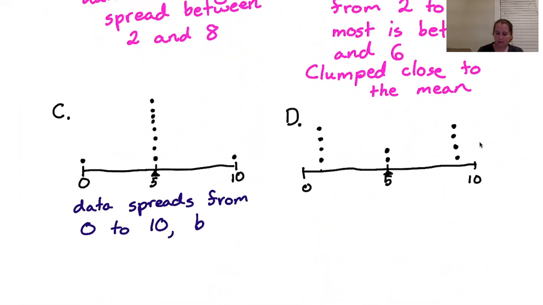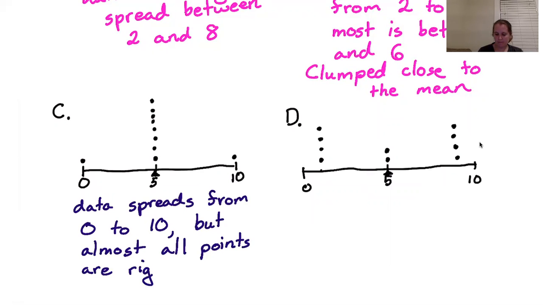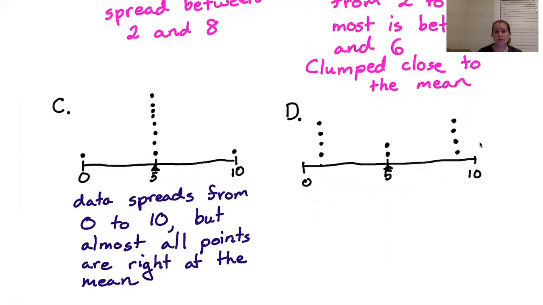But almost all points are right at the mean. So in other words, all but two of the points are distance 0 from the mean.